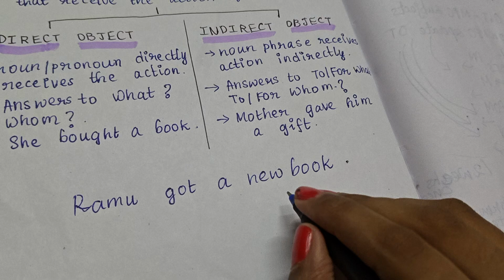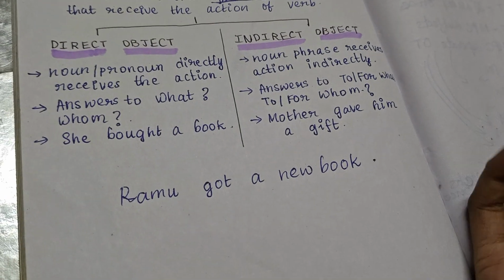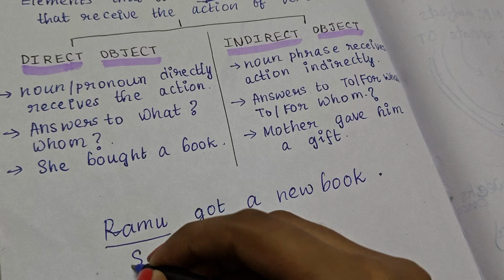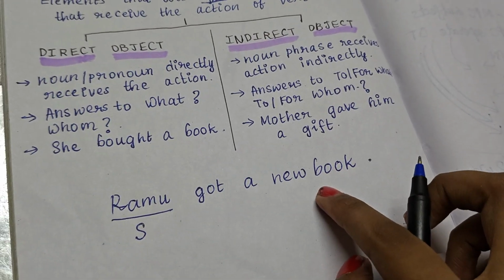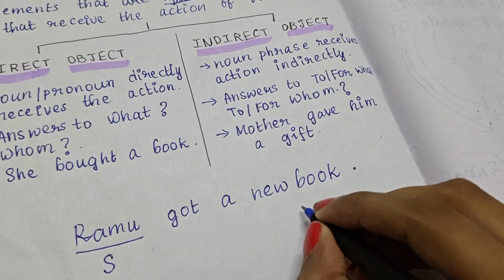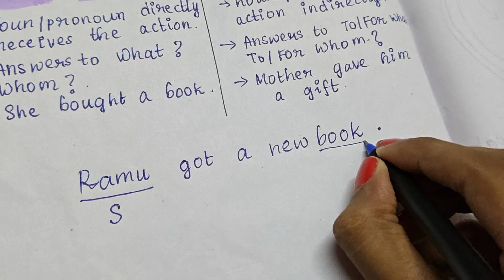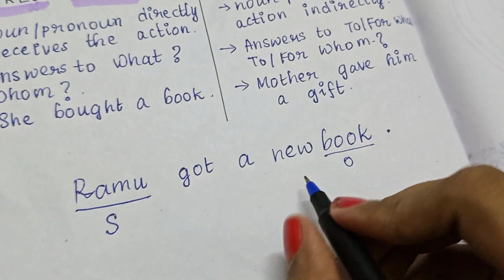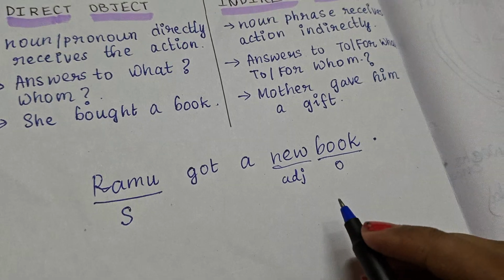In this sentence, tell me guys, what is the object? Yes, we all know Ramu is the subject because he is the person who got a book. So, here, is new book an object or is book an object? Yes, only book is an object because new is just an adjective added to this book.